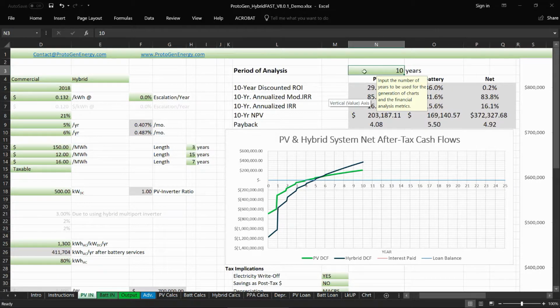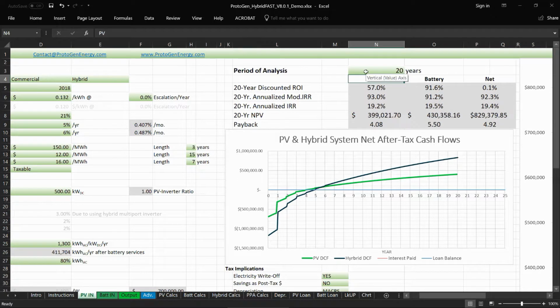The payback period won't change, so whether it's 4.08 years in a 10-year analysis, or a 20-year analysis, it's still a 4.08 year payback, and that's because the payback values have to do with when your cash flow becomes positive. So effectively, you can visualize that by looking at the PV discounted cash flow curve and seeing that it crosses the x-axis at 4.08 years.